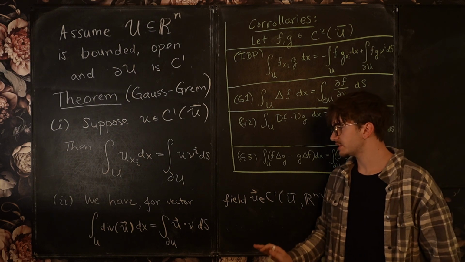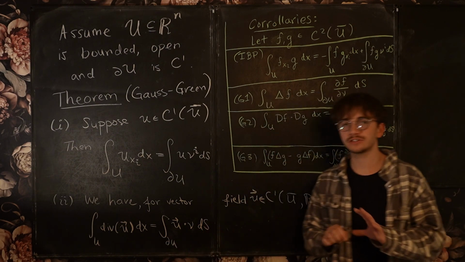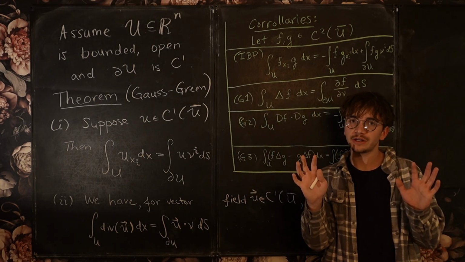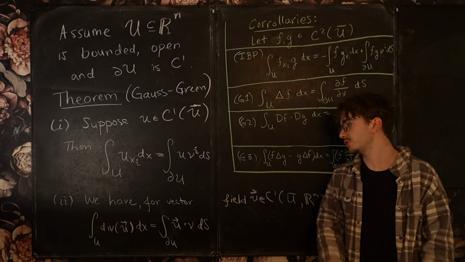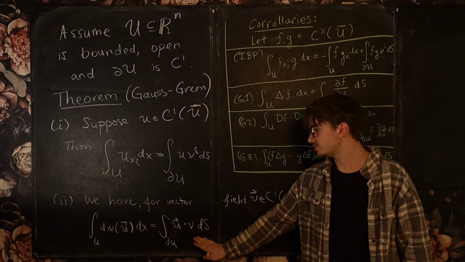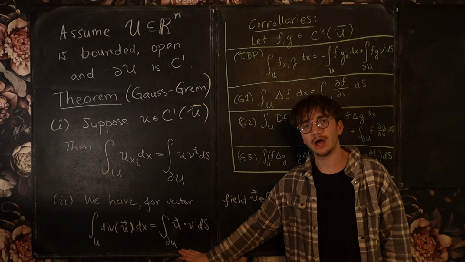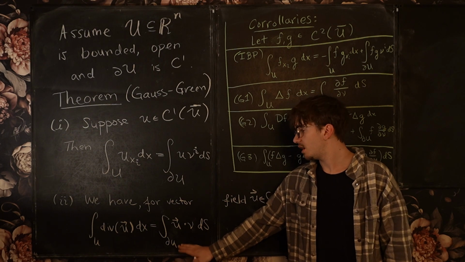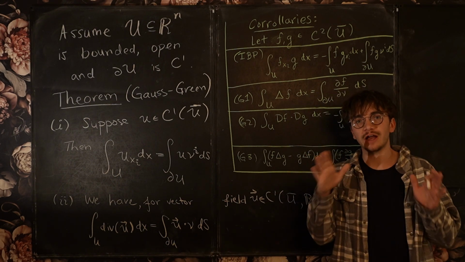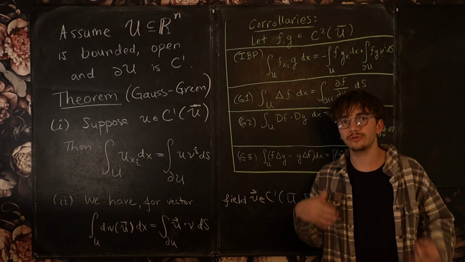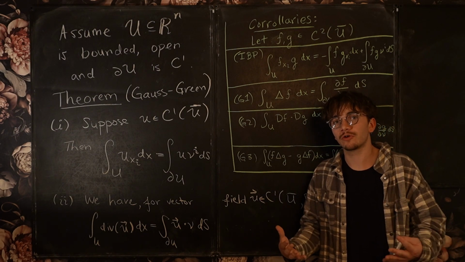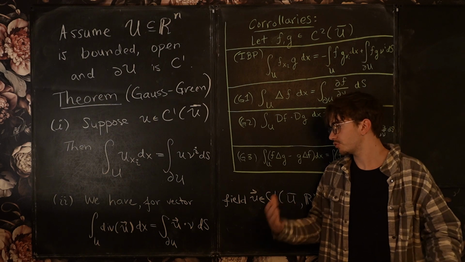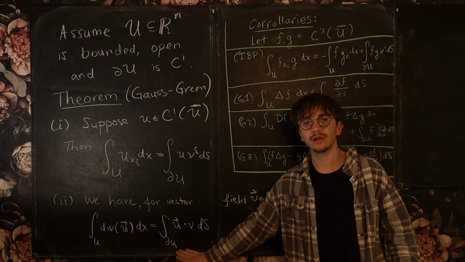then the theorem states that the divergence of this vector field integrated over our entire set capital U is equal to the integral over the boundary of our set U of the projection of the vector field onto the outward unit normal vector direction of our boundary, of our surface.